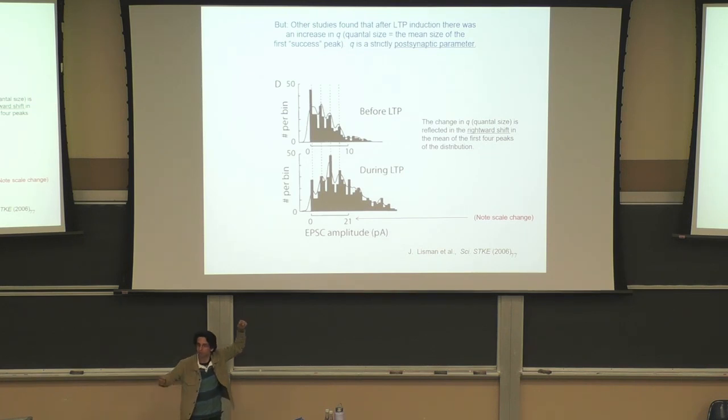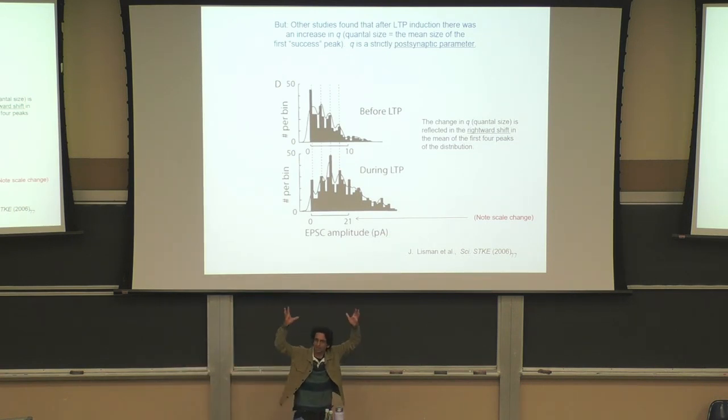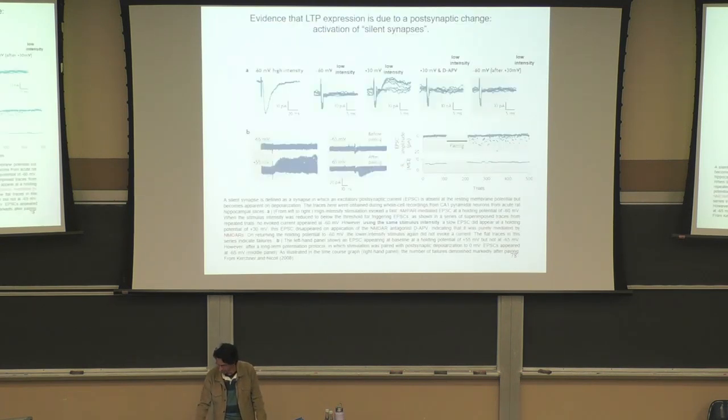Because this would be caused by what you were suggesting, which is if you have more AMPA receptors in there that are more sensitive to the glutamate, then the same amount of glutamate would cause more current. And so these two measurements together show that there's both pre- and postsynaptic components to LTP. But the postsynaptic component is much more studied than the presynaptic ones.